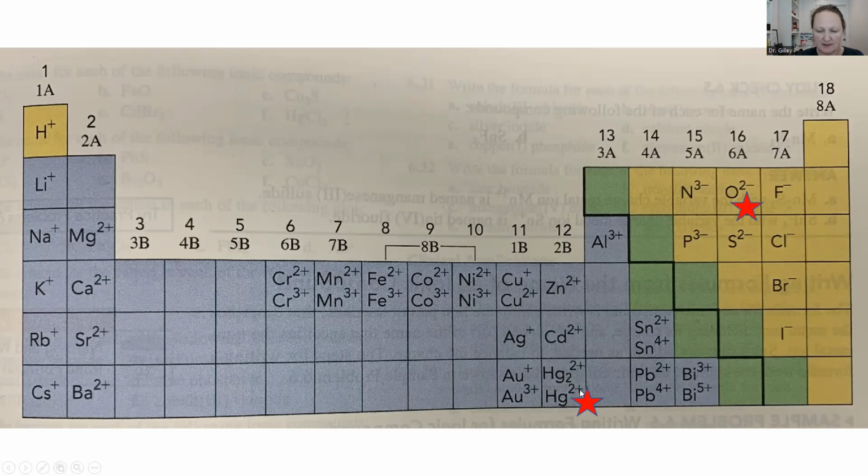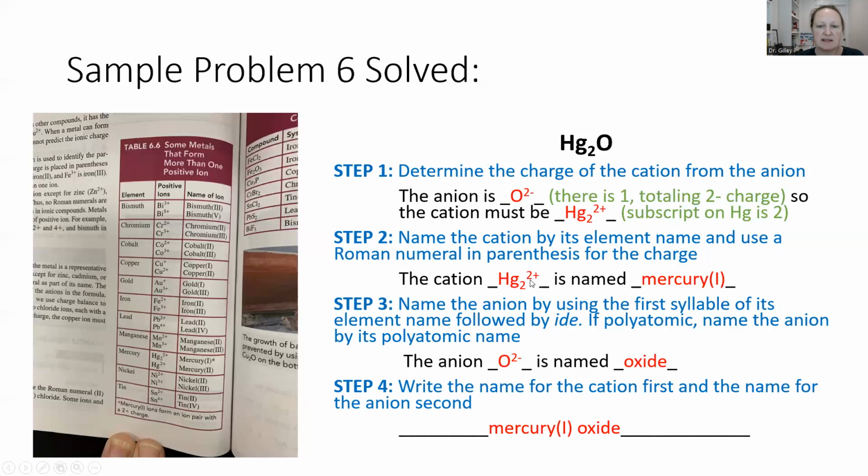So that's the difference. So putting this all together, the anion is O2 minus, which we call oxide. There's only one of them since there's no subscript after the O. So our overall negative charge is just -2, which means that it makes sense that there's only one cation.